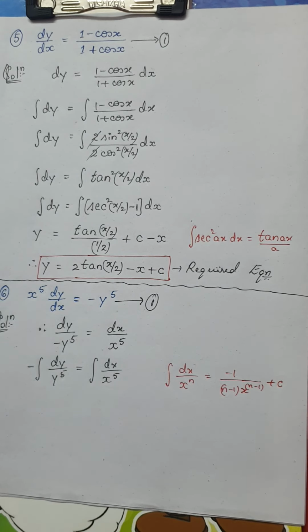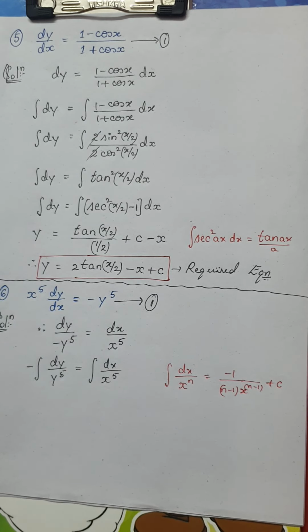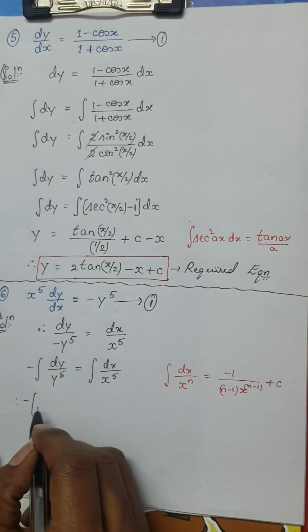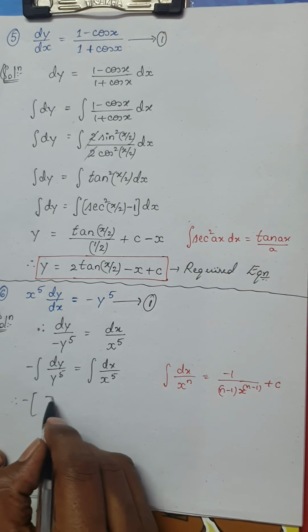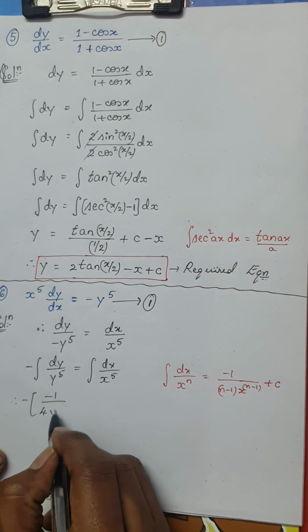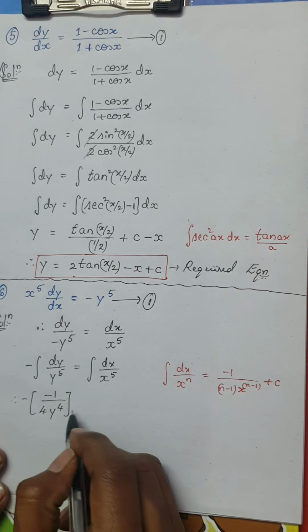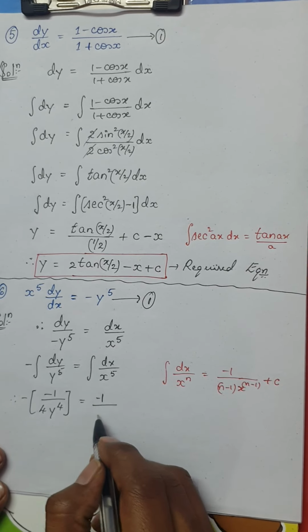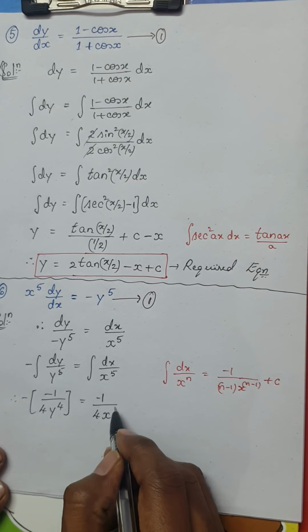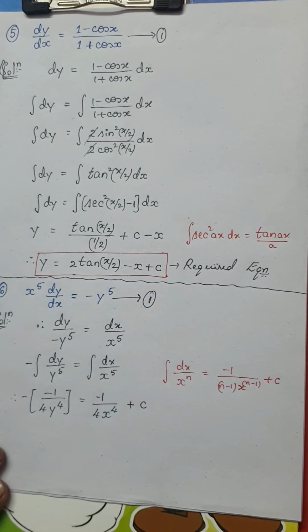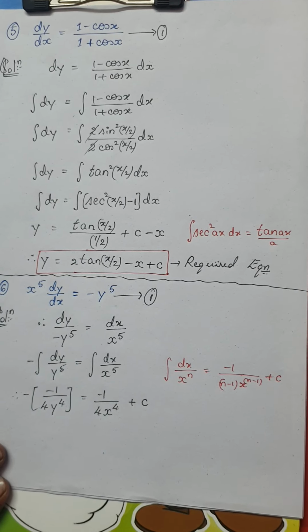In the same pattern, the minus is already there, keep it as it is. The integral of 1 by y power 5 would be minus 1 divided by 4 into y power 4. Similarly, this is minus 1 divided by 4 into x power 4 plus c, which is the constant of integration.